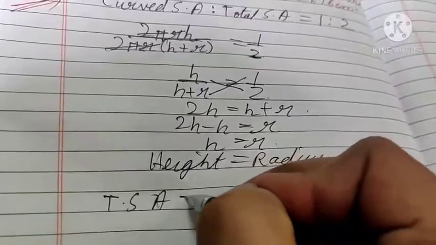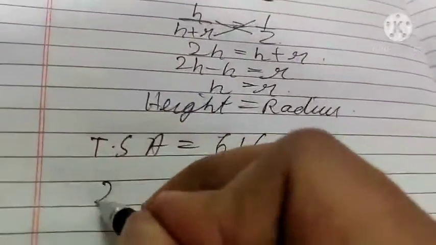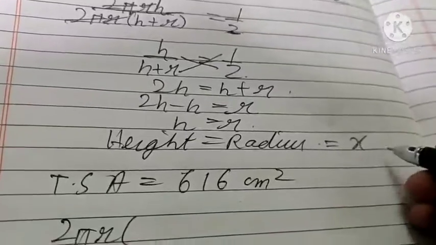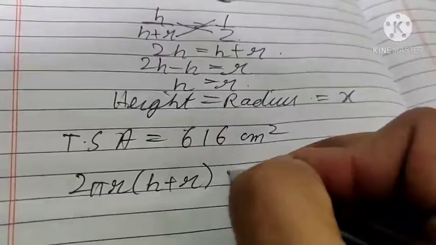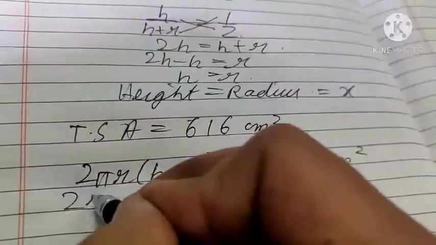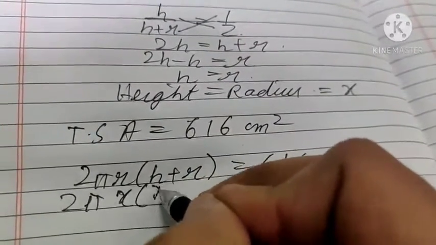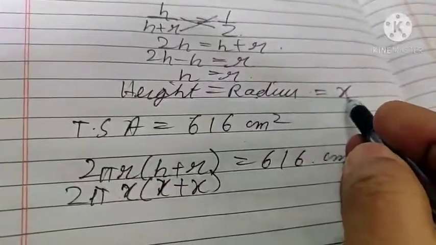And now total surface area is given as 616 centimeter square. That is 2 pi r into h plus r equals 616. We can keep r as x. So 2 pi x into x plus x, since height and radius are equal and we have put that as x.